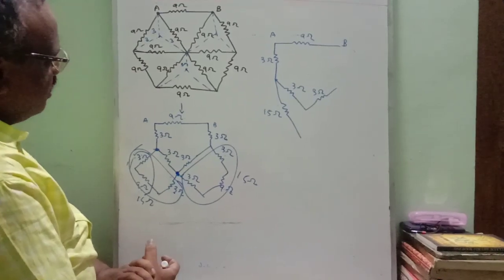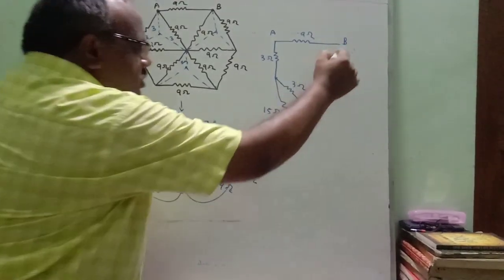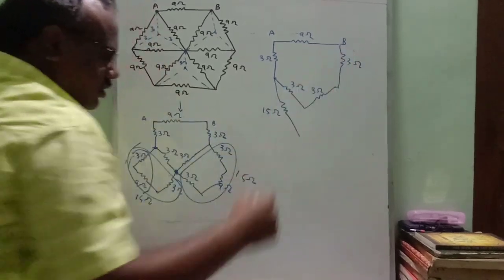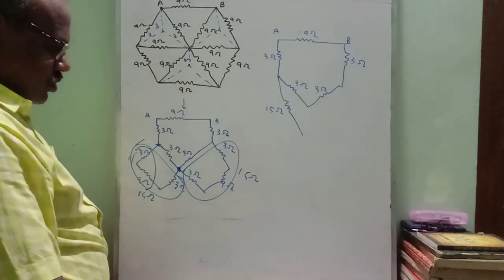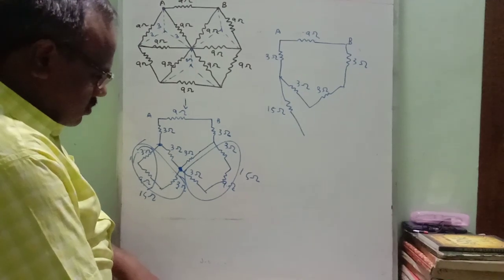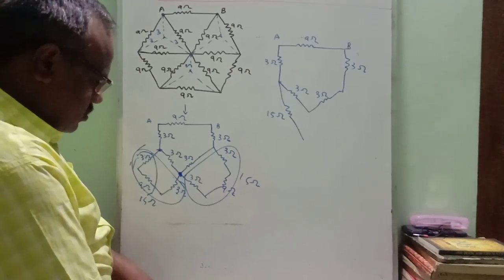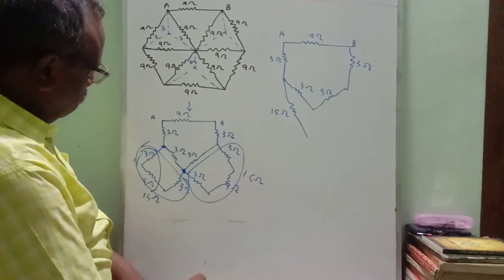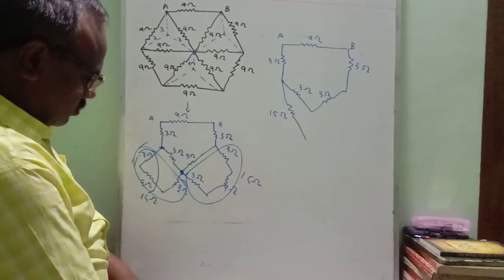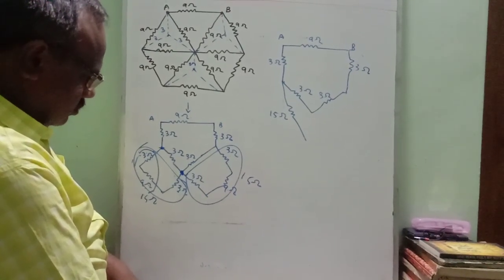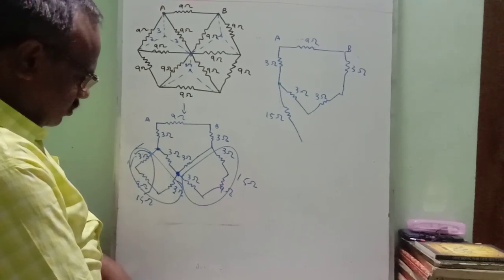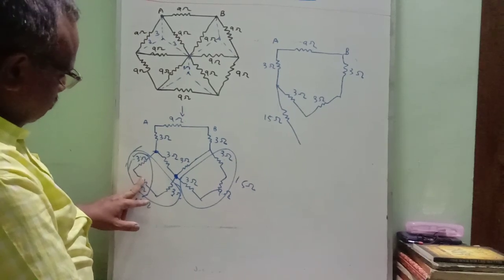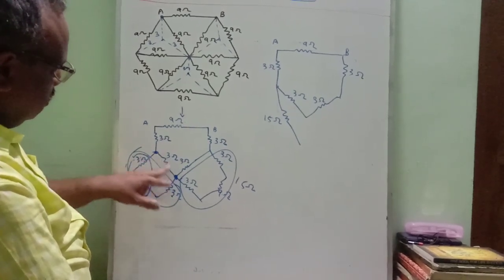So this is 9, 3, this is 3. This is 3 ohm. So this is 15 ohm. Between these two, this is 3.